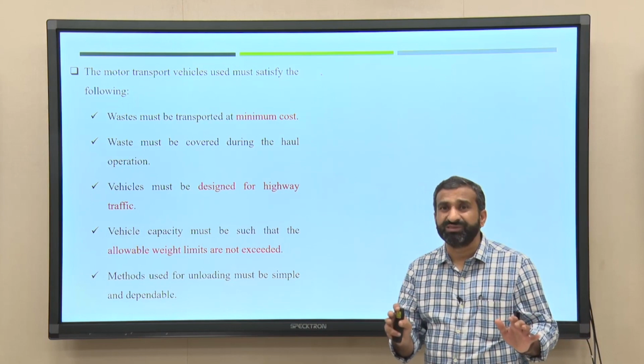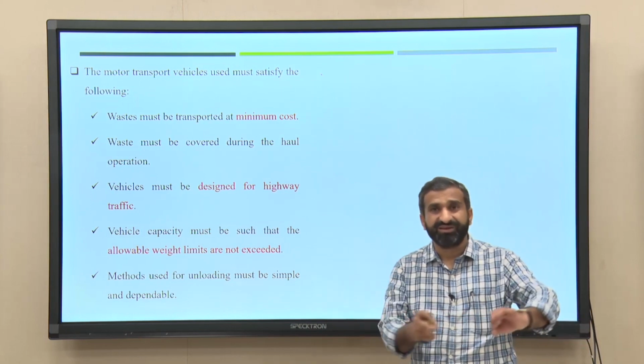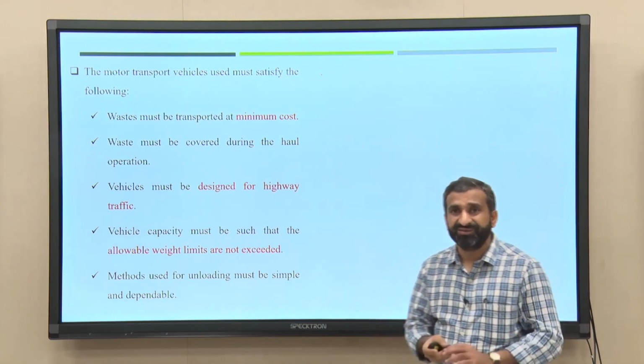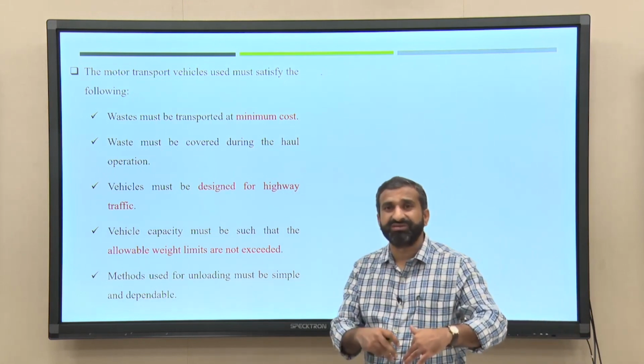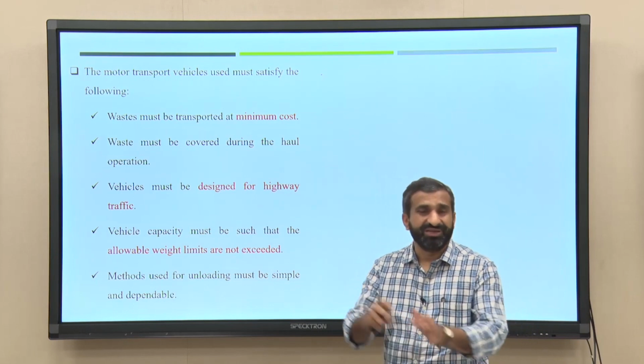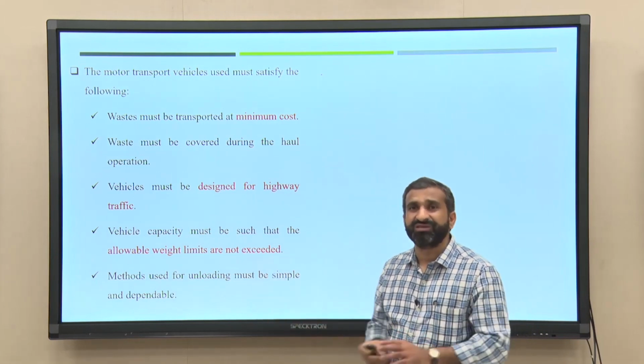We need to see whether U-turning such a vehicle is very difficult. It will take a lot of time, and it will also create problems for other vehicle traffic.